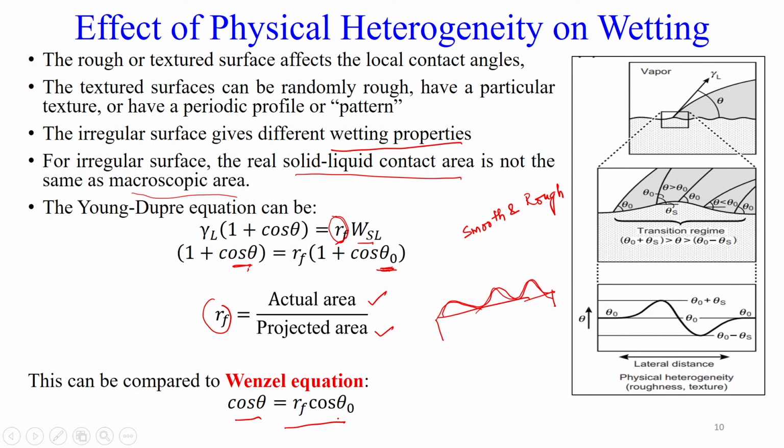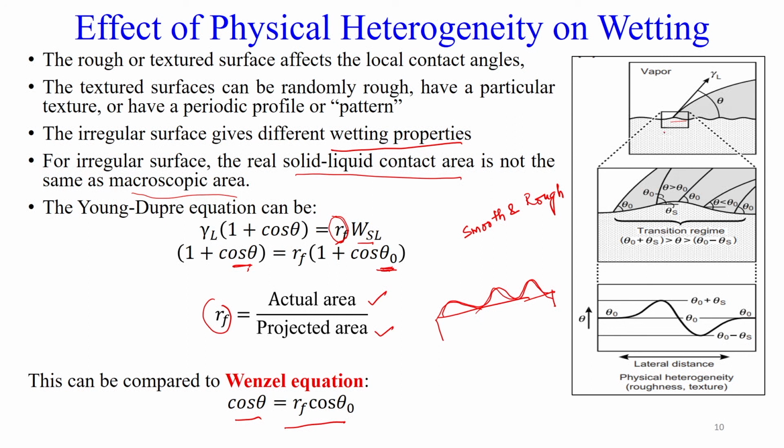Now, if we just see over here, this is also saying the same thing. Let us say this is not a smooth surface, but a sort of rough surface. Here the contact angle will be theta 0, again here if you go higher, then theta will be less than theta 0, again theta 0. If you go further on the heel and belly, then theta will now be greater than theta 0.